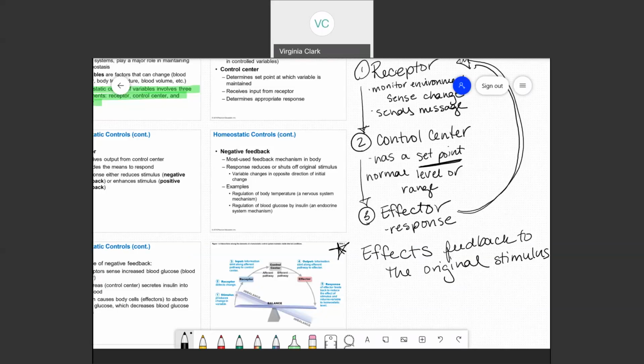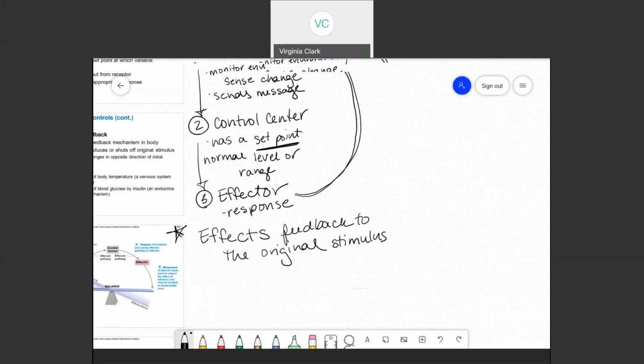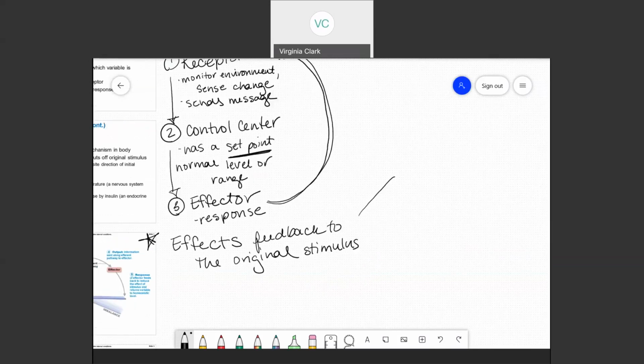There are two types of feedback. I'm going to zoom over to the side so that I don't get ahead of the PowerPoints. When you have the feedback to the original stimulus, there are going to be two types of feedback. You can either have feedback that will reduce or stop the effect.